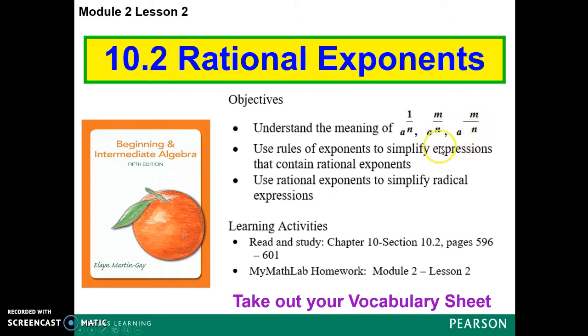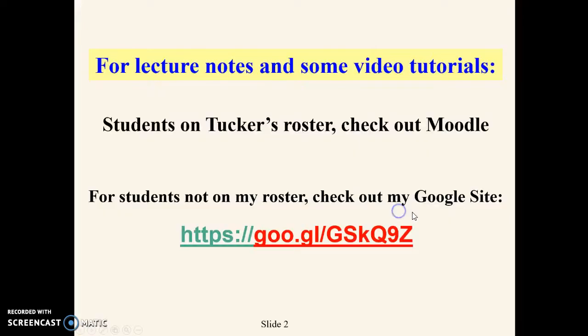I don't like the way those are typed. They're hard to read. We're going to use rules of exponents to simplify expressions that contain rational exponents, and we're going to use rational exponents to simplify radical expressions. All right, let's do this.